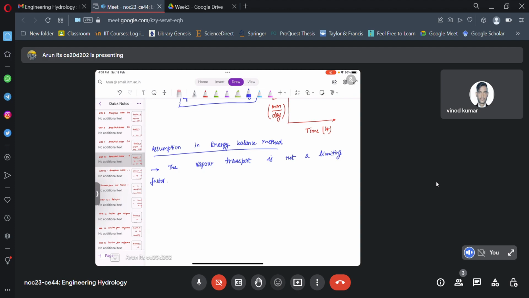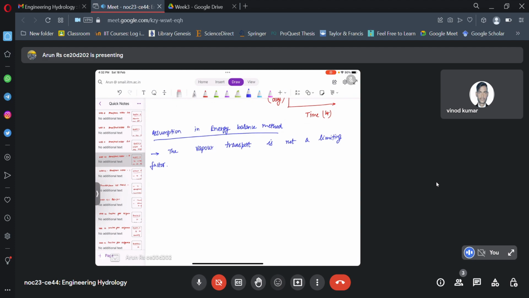So here we are assuming that the vapor transport is not limiting. That means we are considering there is no issue in conversion of the water to the vapor and for the vapor to get transport. So everything is happening within a closed system, and this is the assumption that we make in the energy balance method.